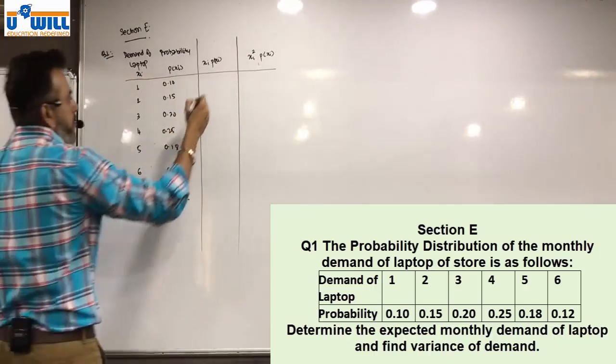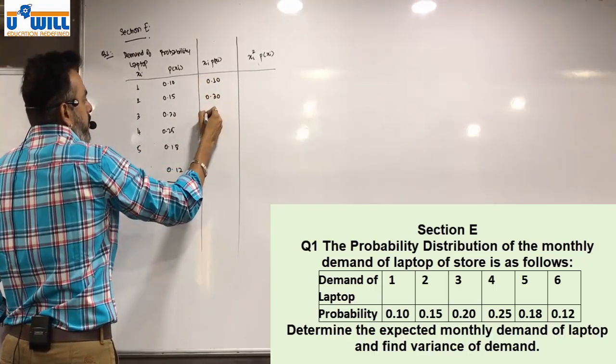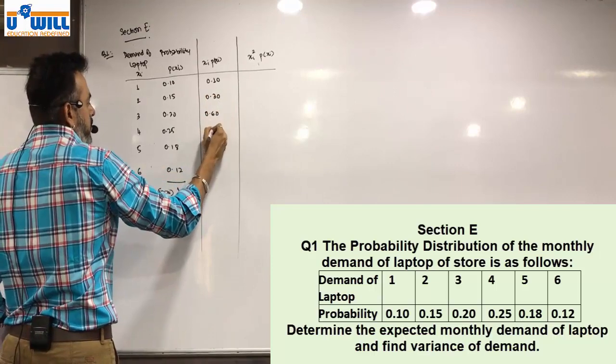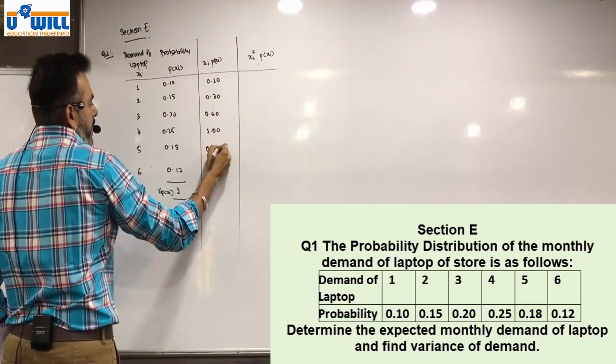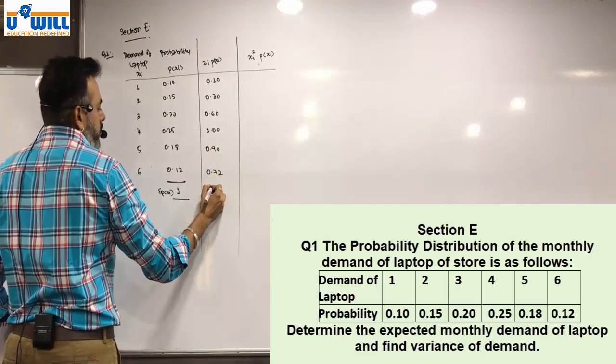Start doing: 0.10, 0.30, 0.60, 1.00, 0.90, 0.72, total.